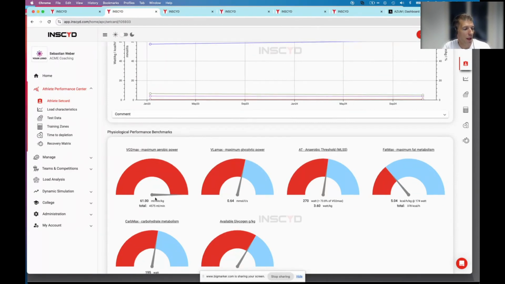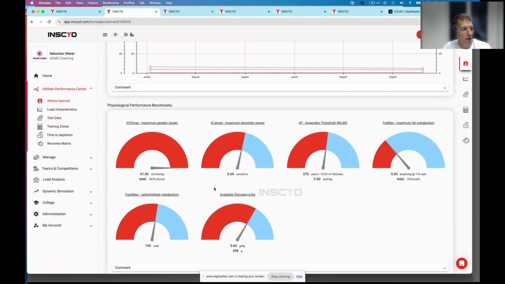But for a triathlete, maybe a little bit too high VLamax, and I will come to that. And that results in a maximum lactate steady state or anaerobic threshold. The power output is good, but you can see the athlete is using only 74% of his aerobic capacity.